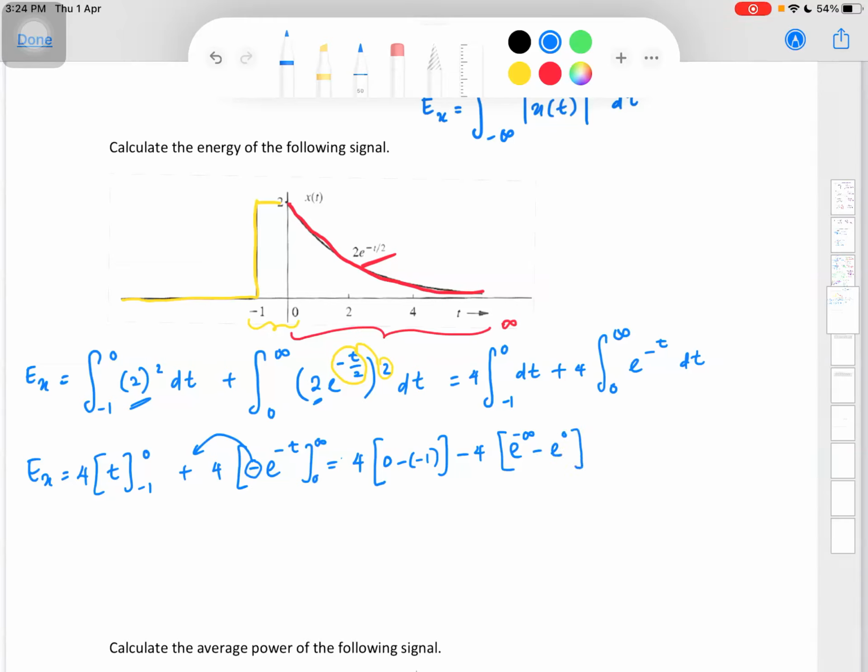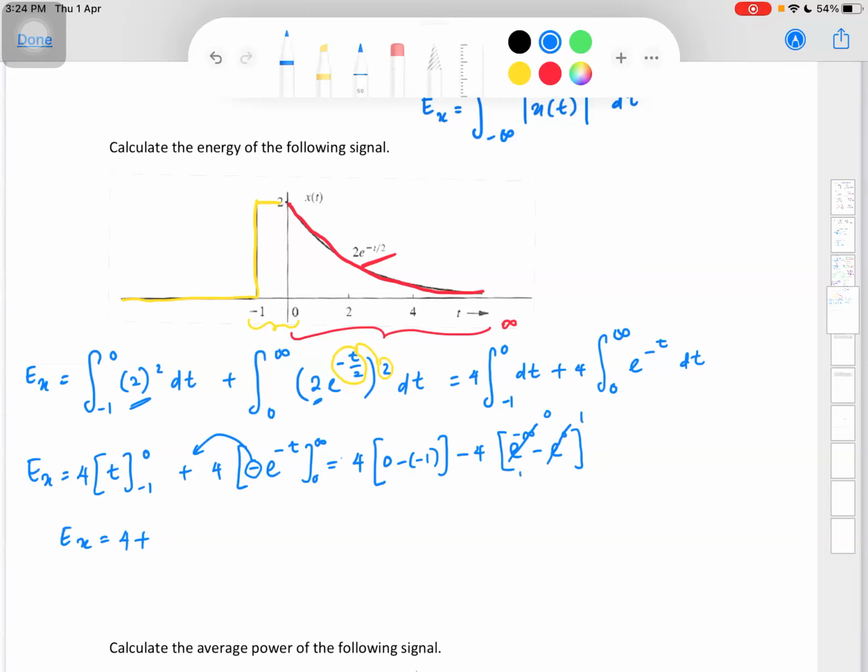So if we take our calculator, this 4 times 1, it will be 4 plus, okay, this e to the power of minus infinity will be 0, and this e to the power of 0 will be 1.